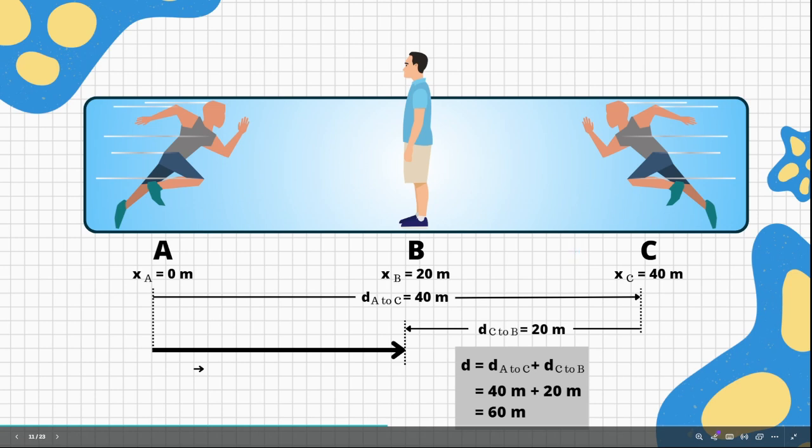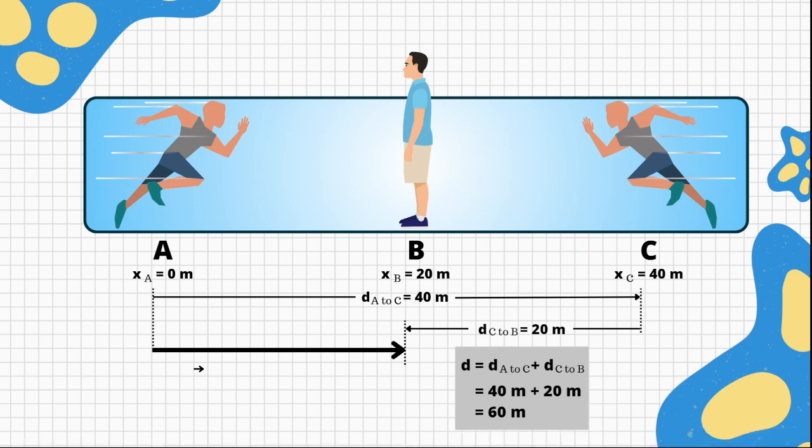Next, what is the displacement? So if the total distance is 60 meters, then what is the man's displacement? Okay, very good. That is 20 meters. But remember that displacement is a vector.